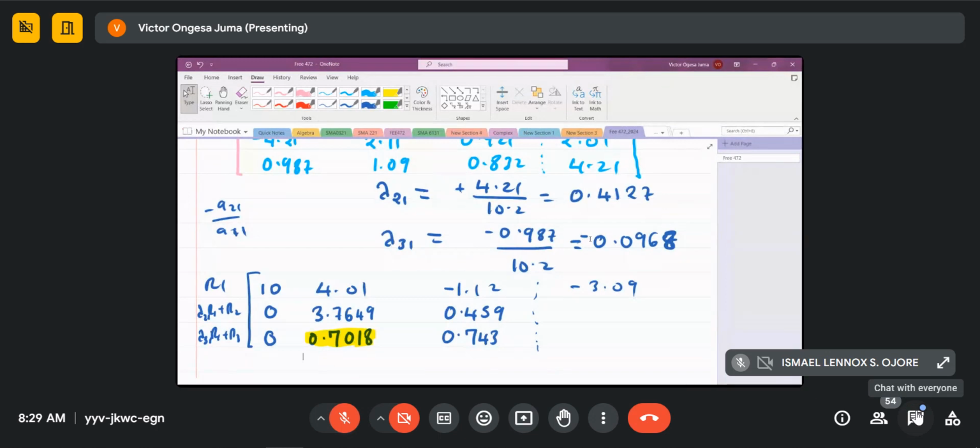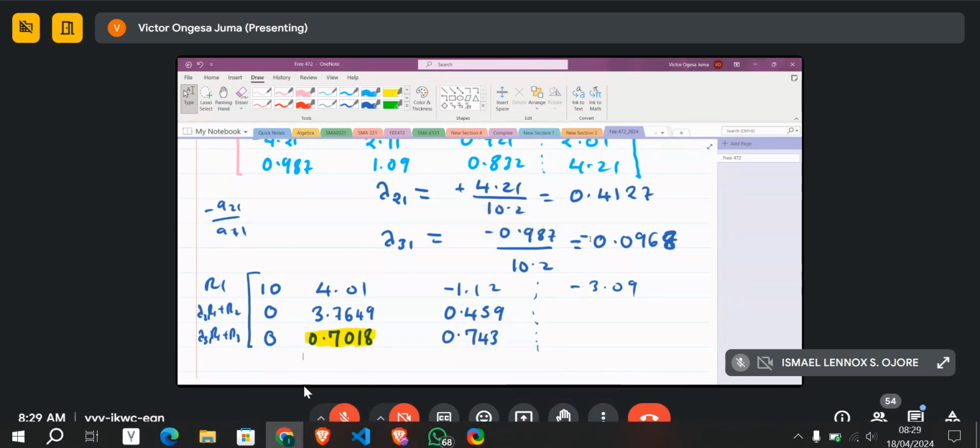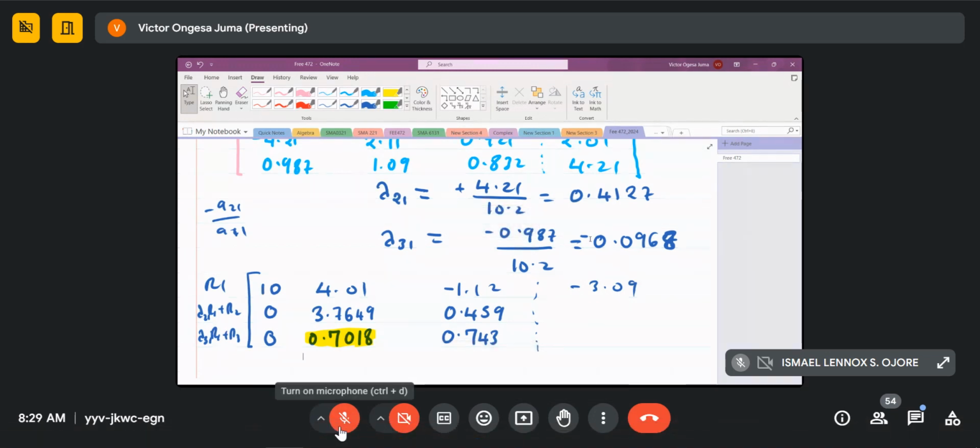Yeah, it should be 0.9404. If you check the first column, are the other numbers correct? Yeah, the others are correct. So where is the mistake?